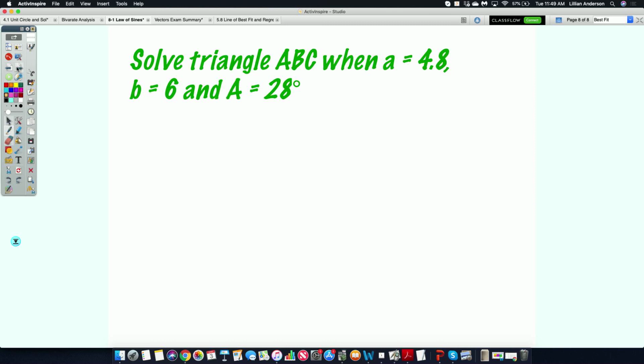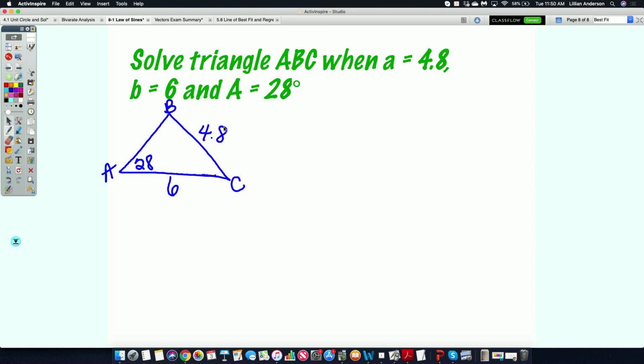Let's look at another one using the ambiguous case. This one you're going to have to actually write down physically into your notebook. We're asked to solve triangle ABC. Angle A is 28 degrees, side B is 6, and side A is 4.8.